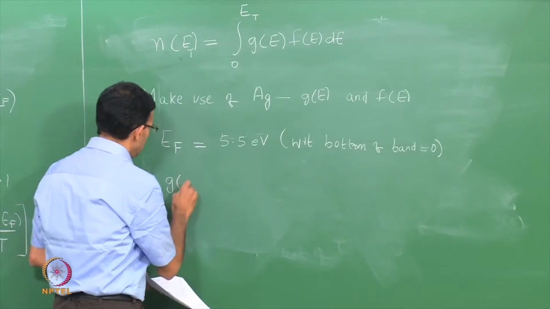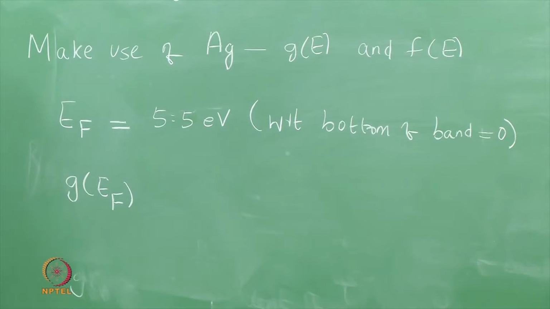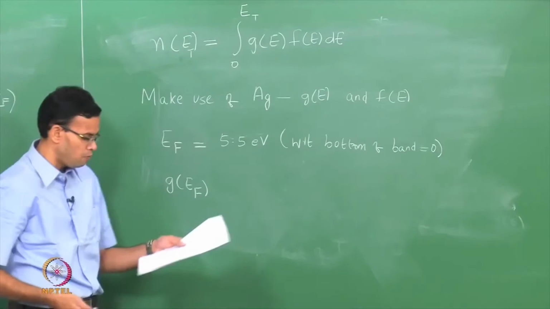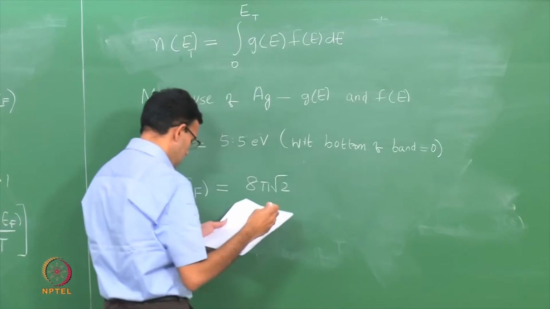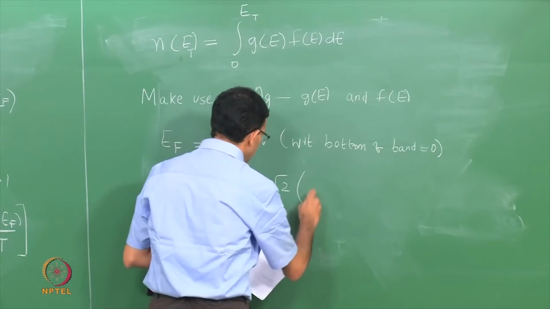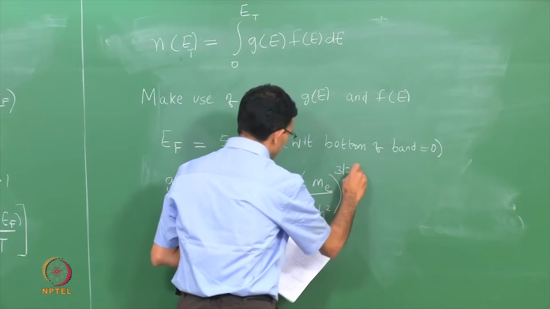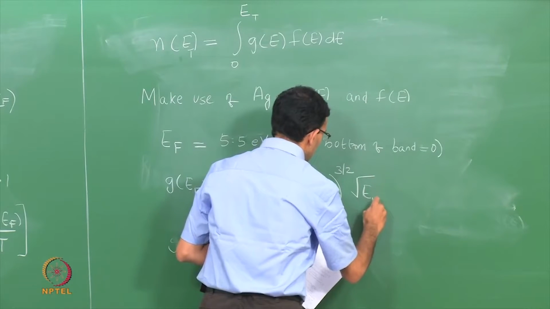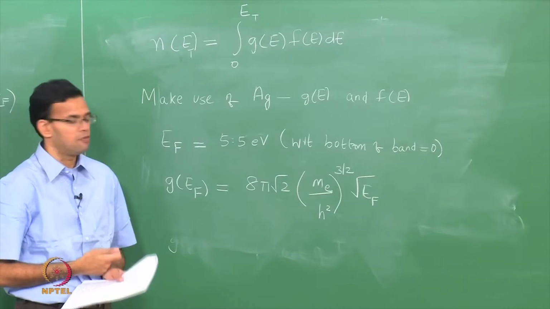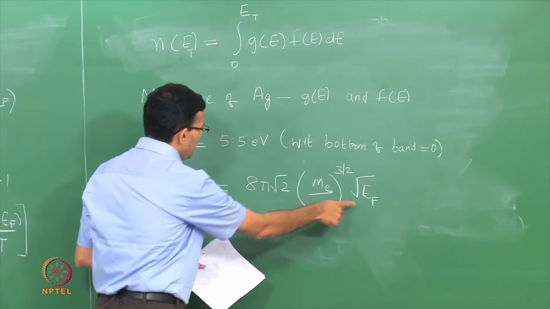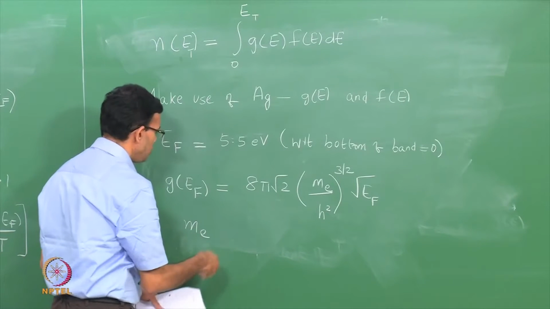If you want to find the density of states at the Fermi energy, we will make use of the expression that we derived earlier for a solid with a uniform potential. That expression, as we saw earlier, is proportional to the square root of the energy. It also depends upon the mass of the electron. In the case of silver, the effective mass is very close to the actual mass of an electron, so I have just left it as Me, and Ef is the Fermi energy. We can plug in the numbers in SI units.